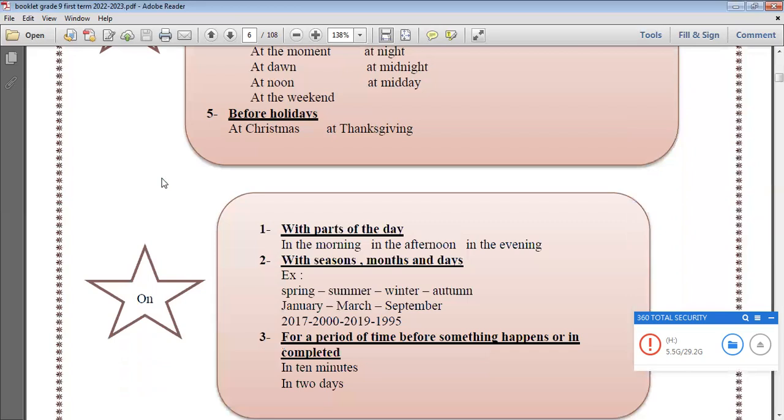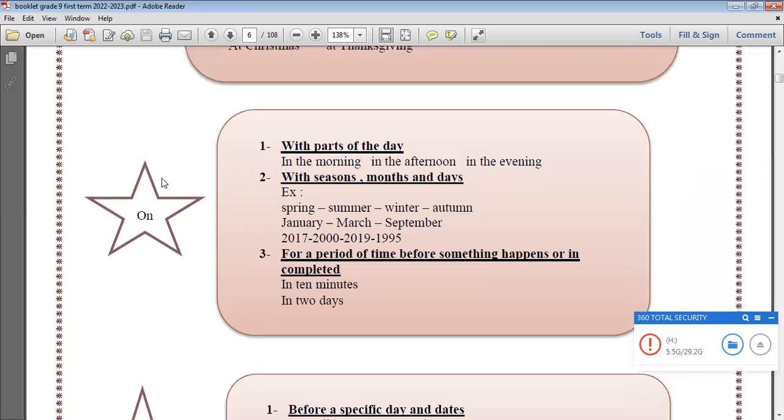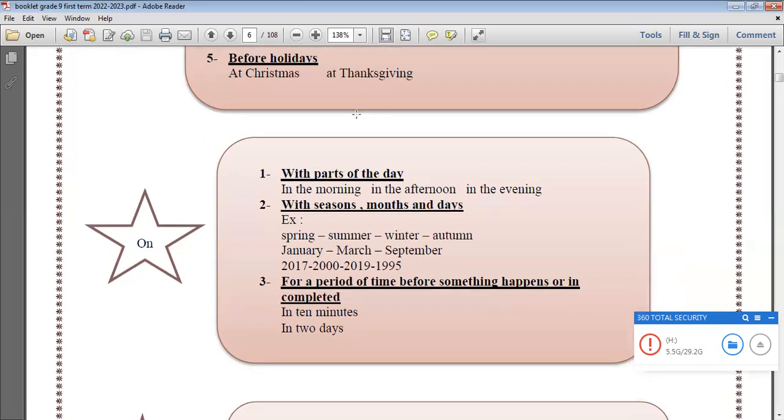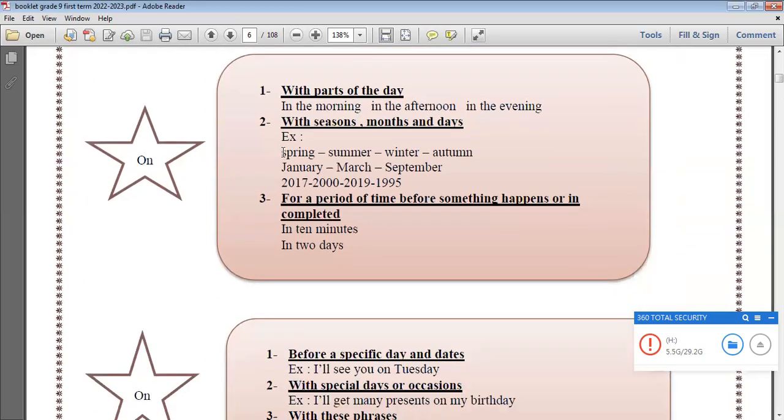This is at. On. When can we use on, in these 3 cases? Number 1, with the parts of the day, like in the morning, in the afternoon, in the evening. And of course the last period of the day, night, comes with at, so it's certainly at night. Number 2, we use it with seasons, months, and years, like spring, summer, winter, autumn, and months like January, March, September.